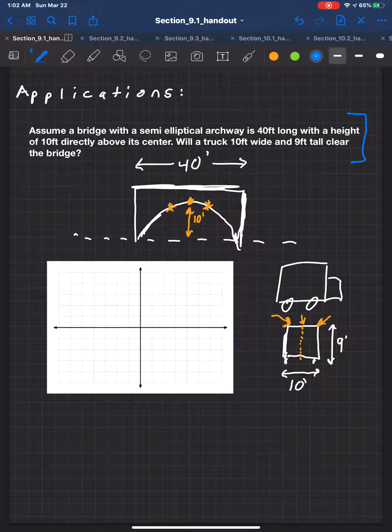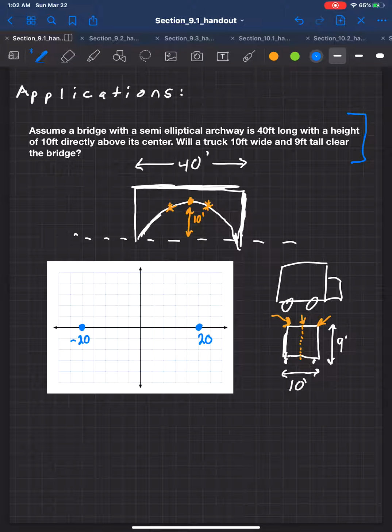Ready? So let's start with the bridge. So if the bridge, let's assume that it's centered at the origin. Now it's 40 feet long, so that would mean that we're going to go, let's just say this is 20 feet to the right and 20 feet to the left. With me?